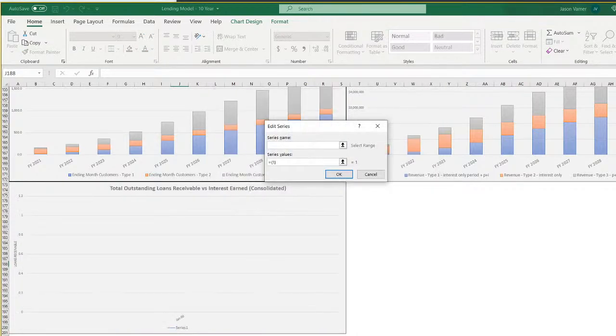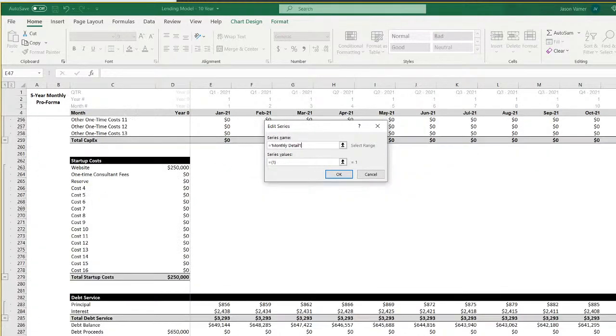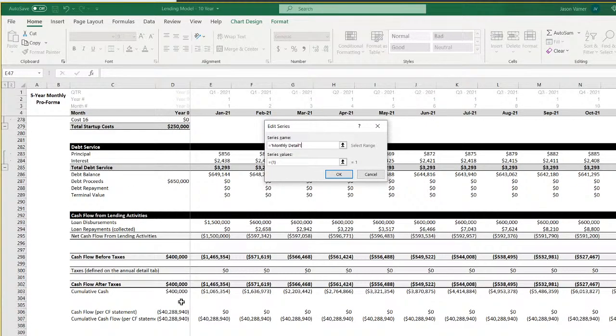If you are on a monthly basis, this is the loan less the startup costs. I just want to make sure I'm doing the right column. So yeah, we could do this.